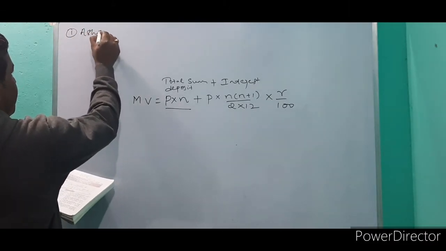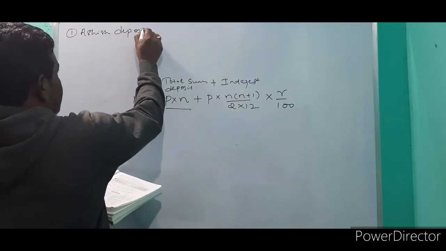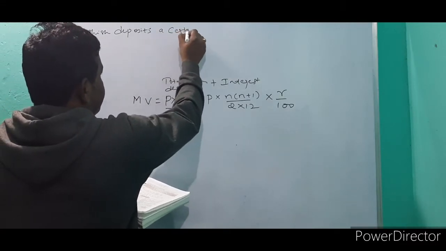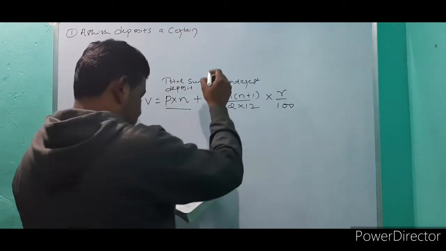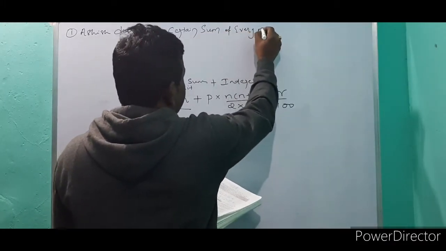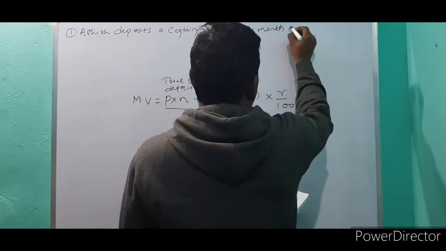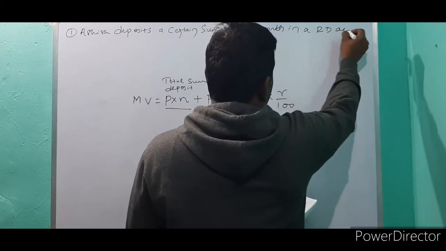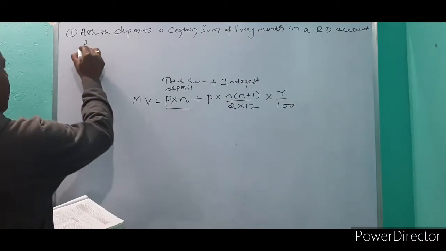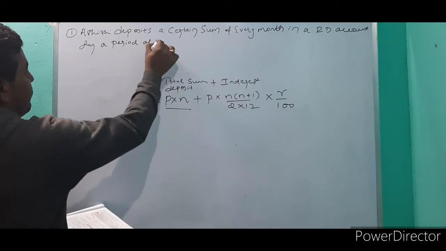Ashish deposits a certain sum of money every month in an RD account for a period of 12 months.